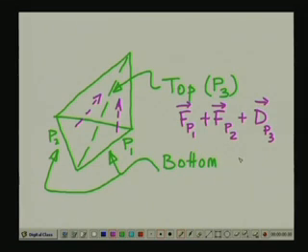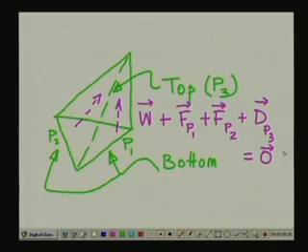The vector sum of those three resistances, if you add the weight of the wedge to it, then what you should get is a null vector.